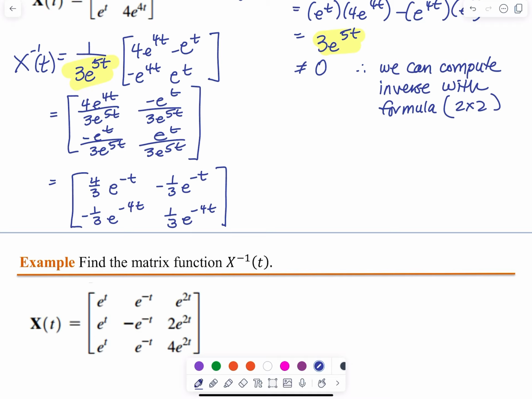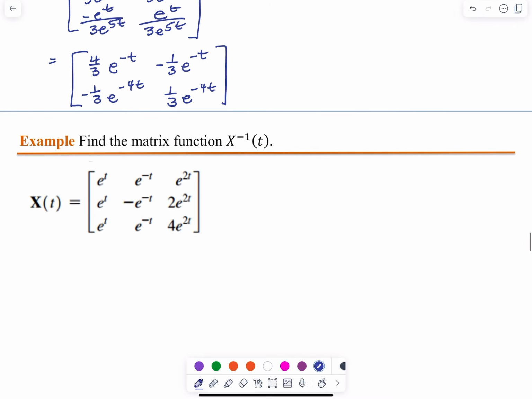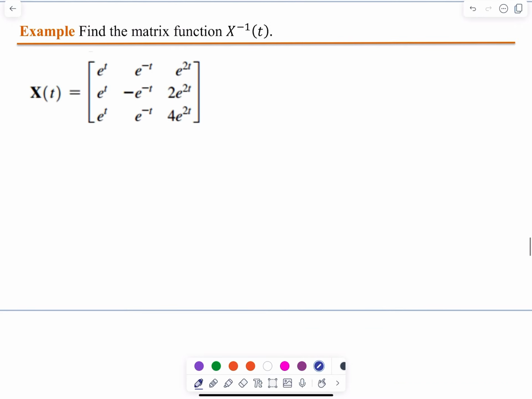Okay, let's go ahead and do that again with this 3 by 3. We're going to use that method where we have our matrix, here we have our function, and with the identity matrix on the right, and we will do our row operations.